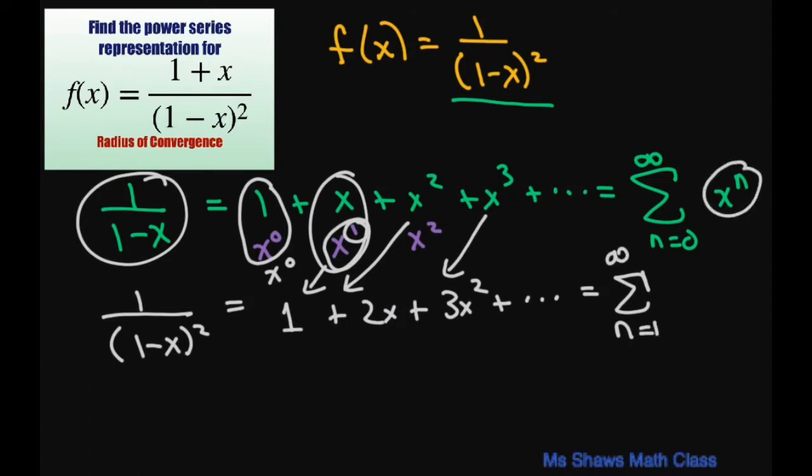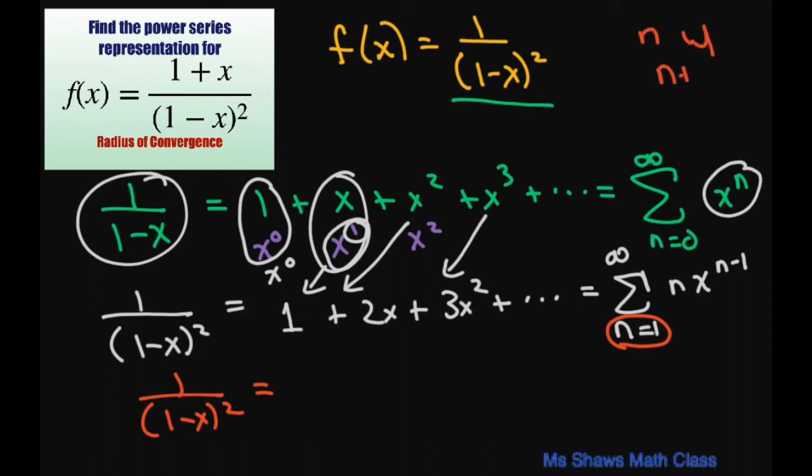And then you differentiate this. This is going to be n times x to the power of n minus 1, just like you normally take the derivative. I can also write this as 1 divided by (1 minus x) squared. And if I want to go back to 0 here, I can substitute my n with n plus 1.